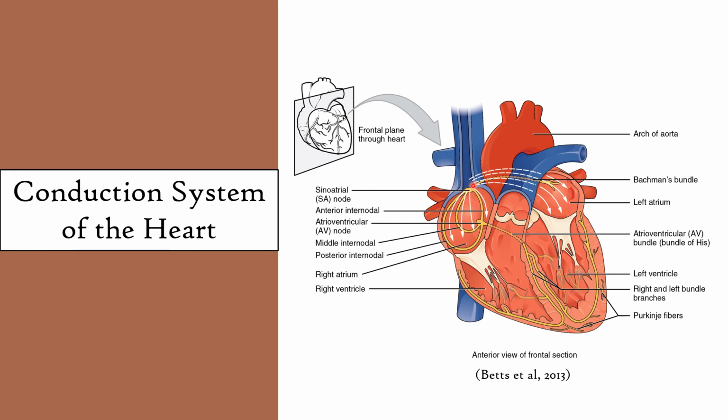So the SA node is what initiates the action potential, and it will sweep across the right and left atria. From here, it'll reach the AV node, and the impulse will continue down to the right and left bundle branches, and eventually into the Purkinje fibers.